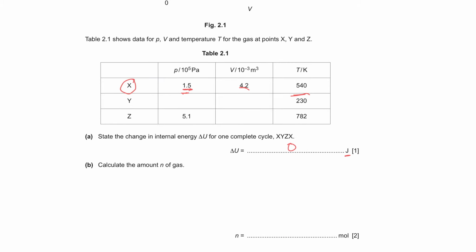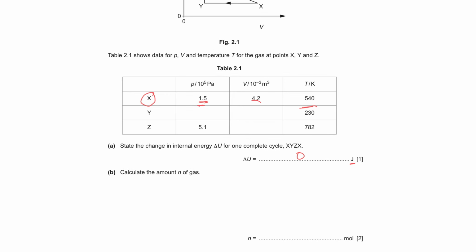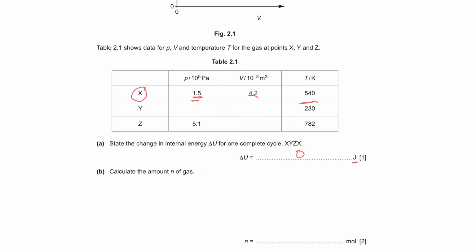Part B says, calculate the amount n of gas, the number of moles of gas. We've got the pressure at x, we've got the volume at x, and we've got the temperature. We can use PV equals nRT. The pressure is 1.5 × 10^5 pascals.